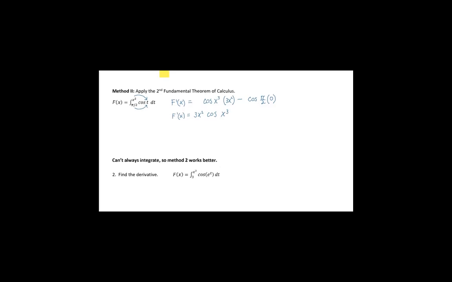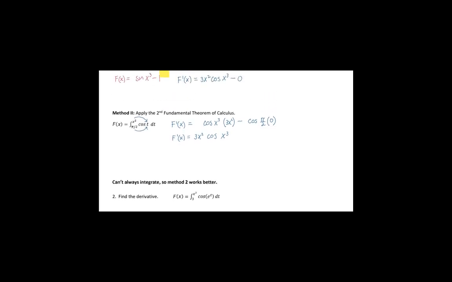And then we're going to multiply by the derivative of pi halves. Well, pi halves is just a number, so the derivative of pi halves is 0, and we end up with f prime of x equal to 3x squared times cosine of x cubed minus 0, which is exactly what we got in that first example.